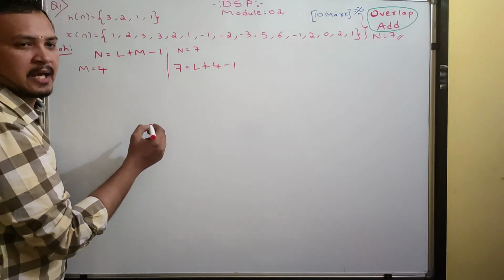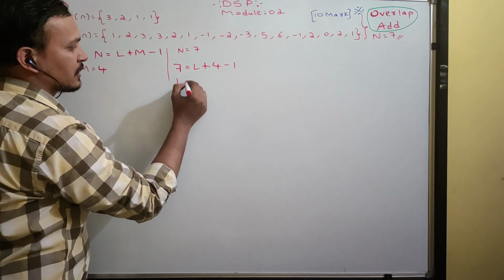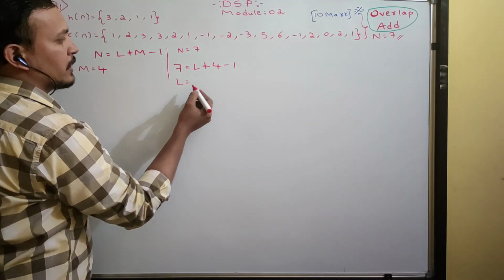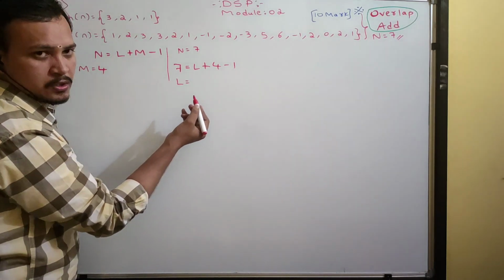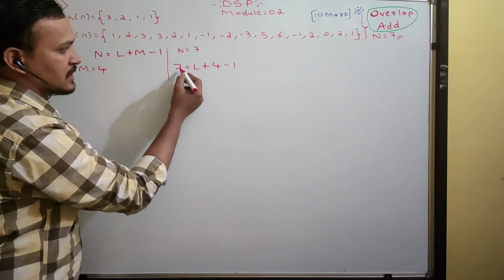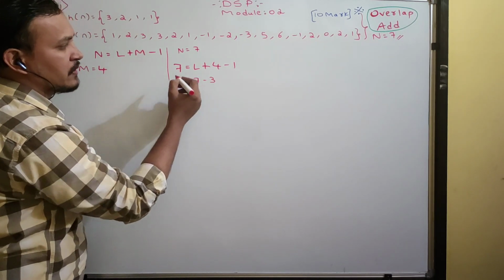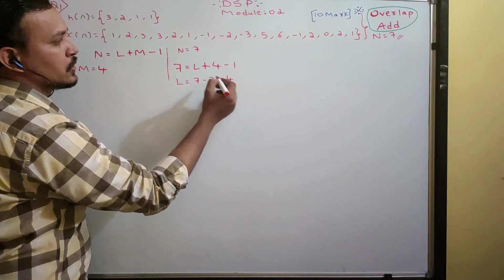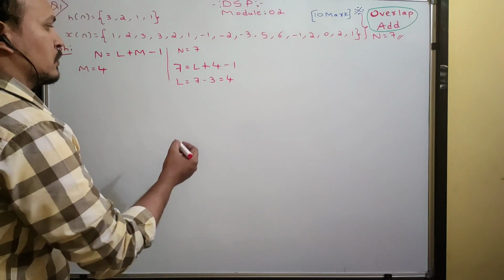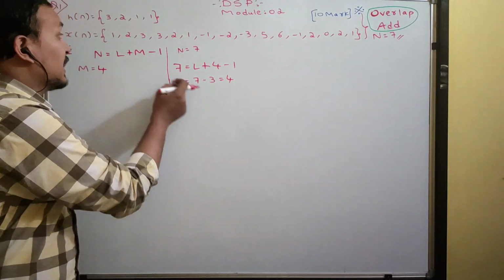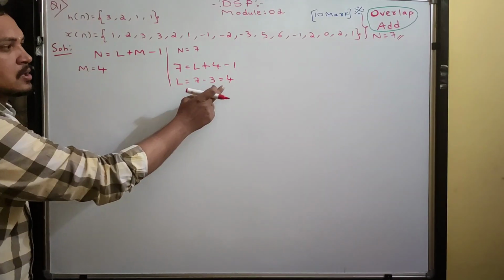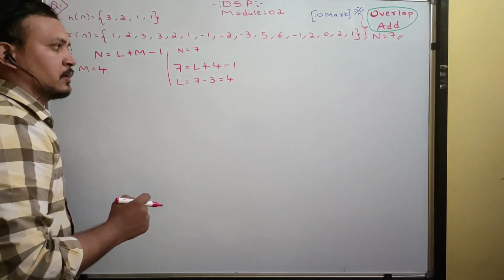From this you find the L value. 4 minus 1 is 3, so L equals 7 minus 3, which is 4 samples. So the length of the block in x of n is 4 samples. Okay, got it?